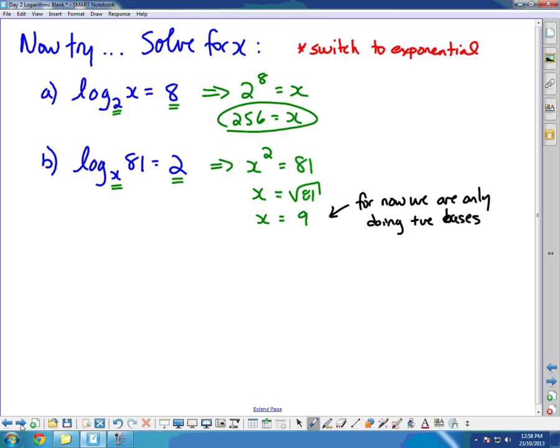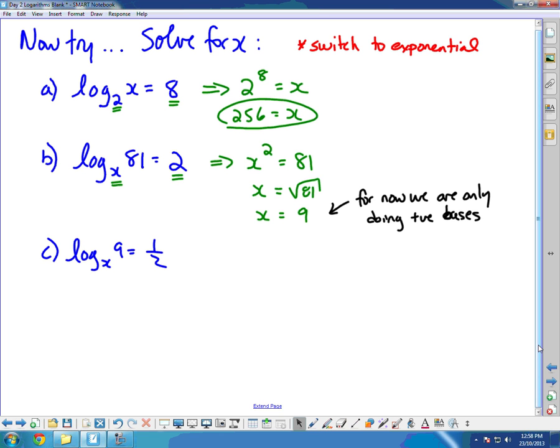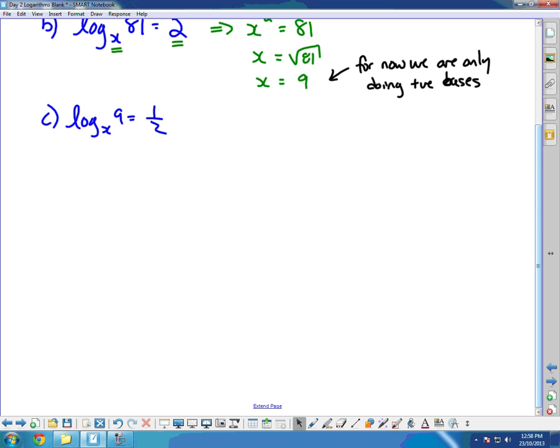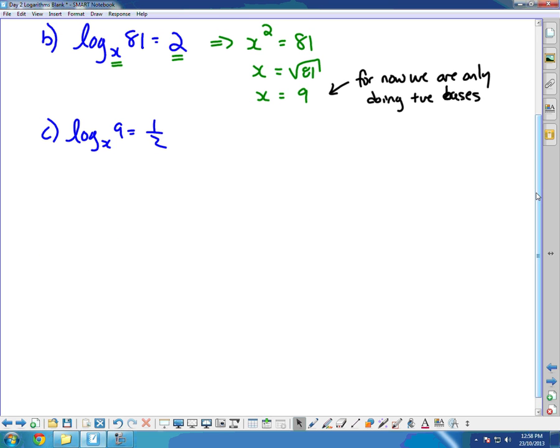Let's try another one. So this one says log 9 base x equals 1/2. Again, this starts to get further away from ones that you can just look at and answer.